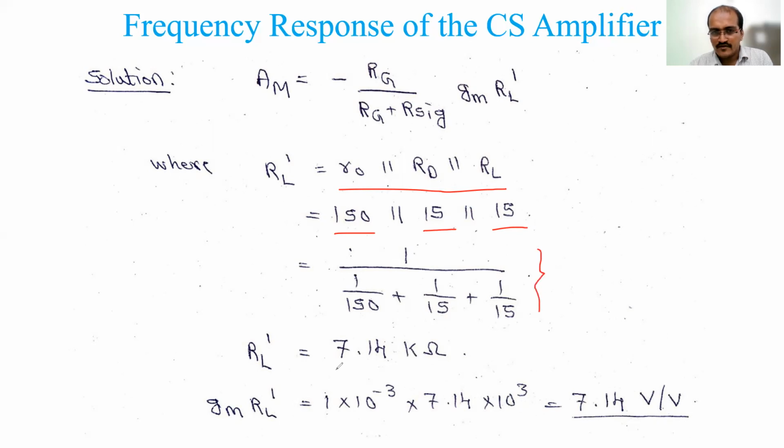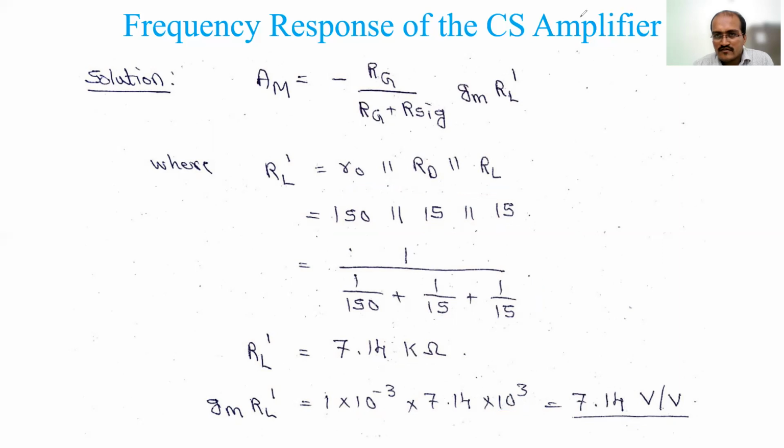All values are in kilo, so finally keep it in kilo ohm. RL dash is equal to 7.14 kilo ohm. Then the GM into RL dash factor: 1 milli into 7.14 kilo, so kilo and milli cancel out. 1 into 7.14 is 7.14 volt per volt. That's what you get for GM RL dash.